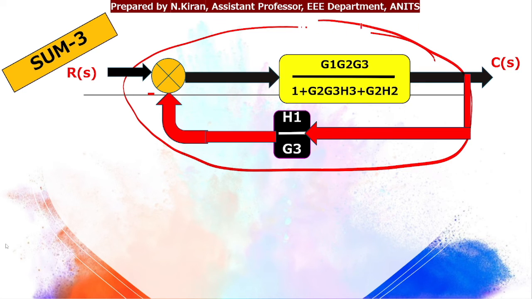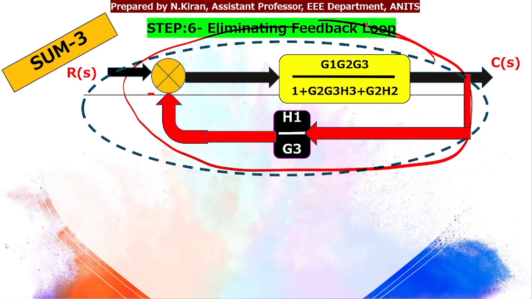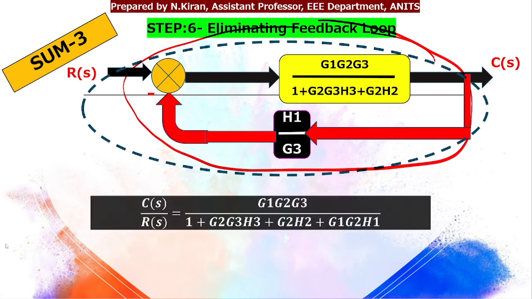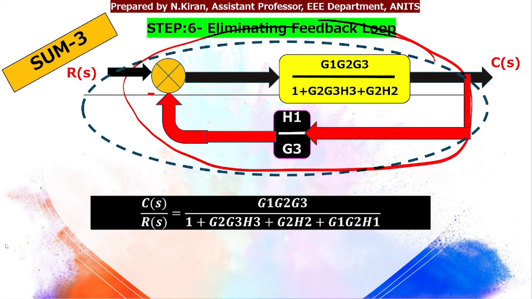So upon eliminating the feedback loop, that will give me my overall transfer function, that is g1 g2 g3 divided by 1 plus g2 g3 h3 plus g2 h2 plus g1 g2 h1. You can simplify this because this is g and this is h, we know the formula, so we can simplify, take LCM, and lastly you will get this answer.